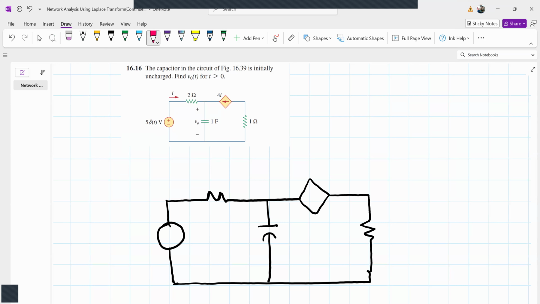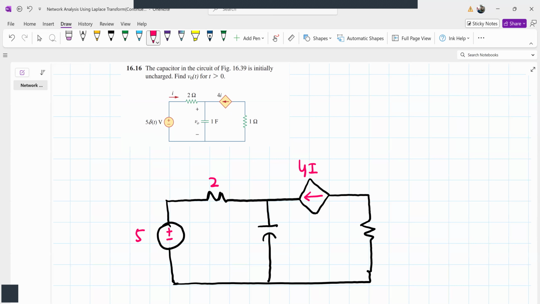Let's write the equivalent terms. The equivalent of 5 delta(t) is simply 5, because the Laplace transform of delta(t) is 1. Now the resistor is replaced by 2. This will be replaced by 4I. Let me write simply I.